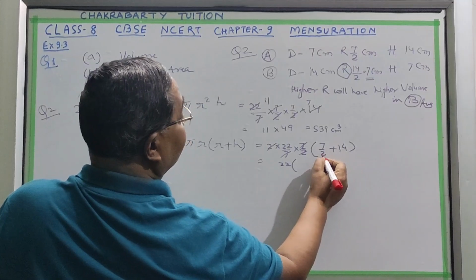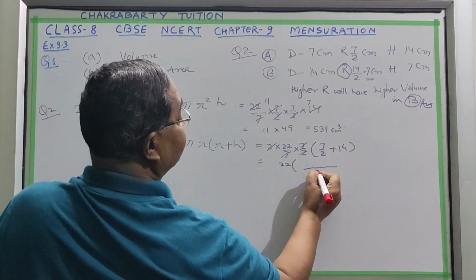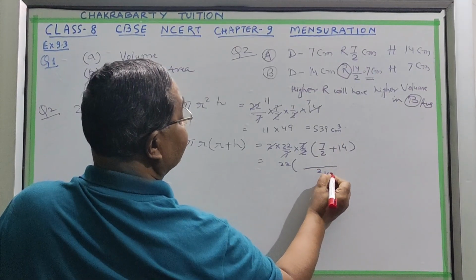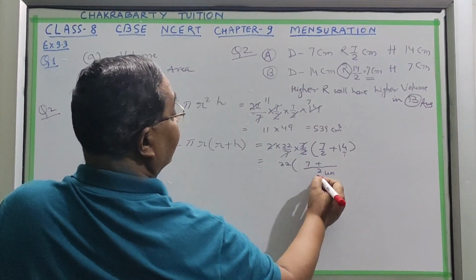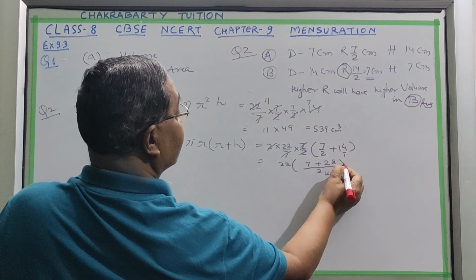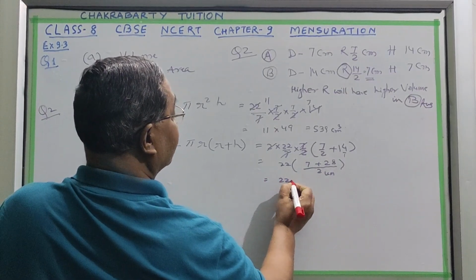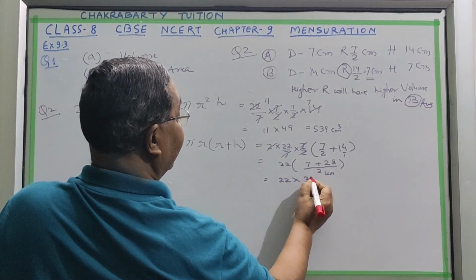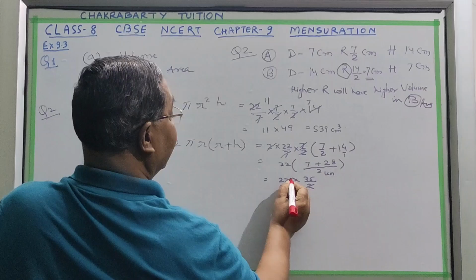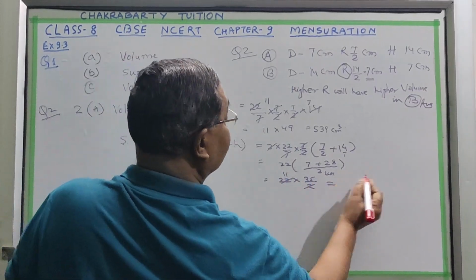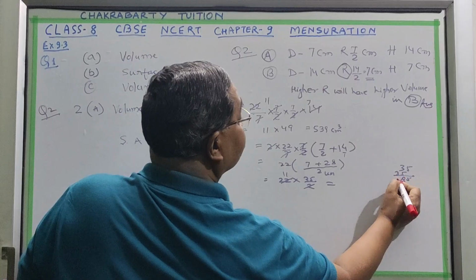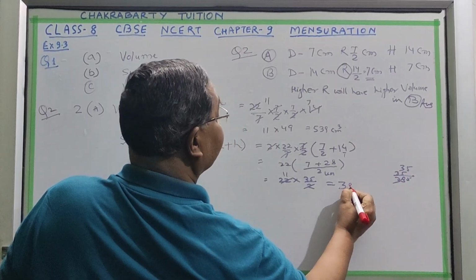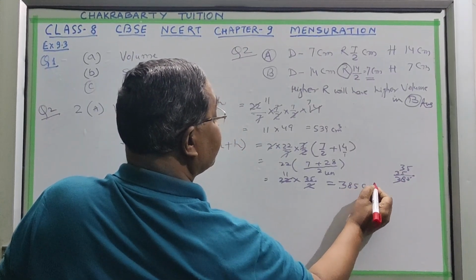And because a fraction is there, you have to take the LCM. It will be 7 by 2 plus 14 by 1, so 7 plus 28 over 2, which is 35 by 2. So it will be 22 into 35 upon 2. It will cut, 11 into 35, so it will be 385 cm square.